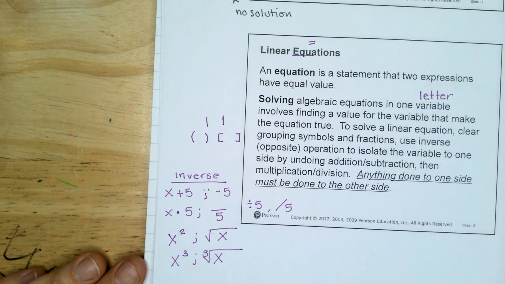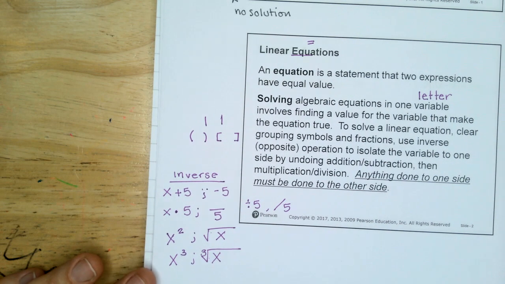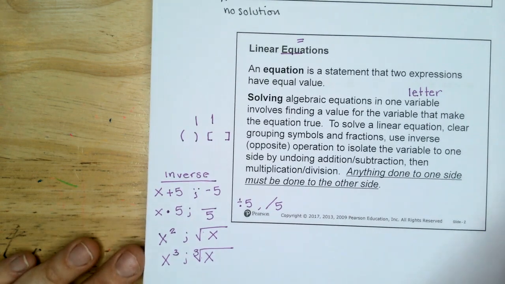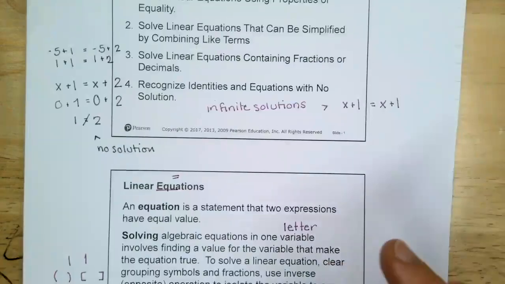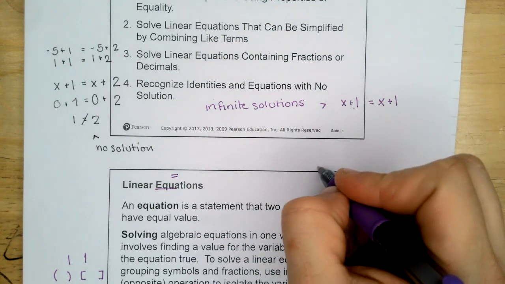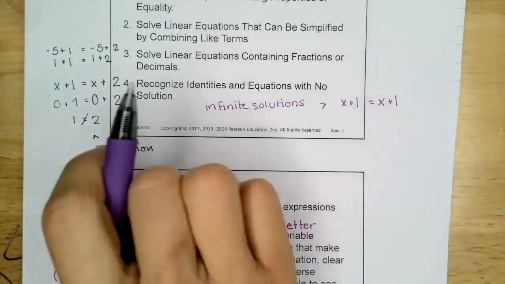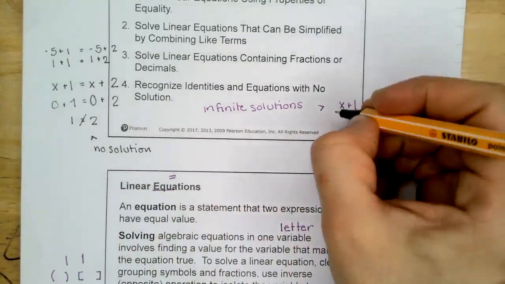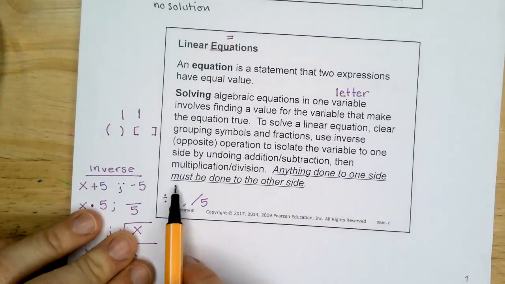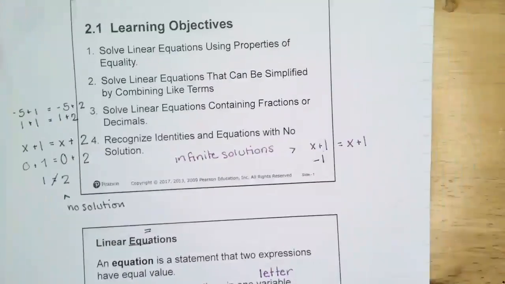The important thing to know about inverse operations is that you can use them to solve equations, okay? If right here, I have x plus 1, and I want x to be alone so that it's just x equals, so I find the value of x. It's being added to 1, so now I'm going to subtract 1. Anything you do to one side of the equal sign must be done to the other side of the equal sign.